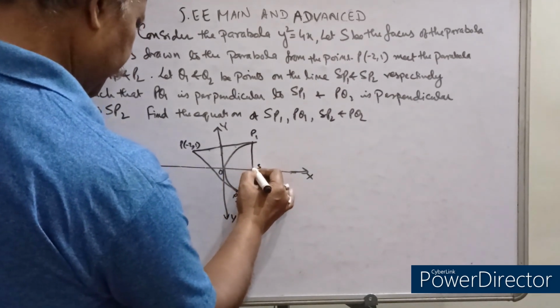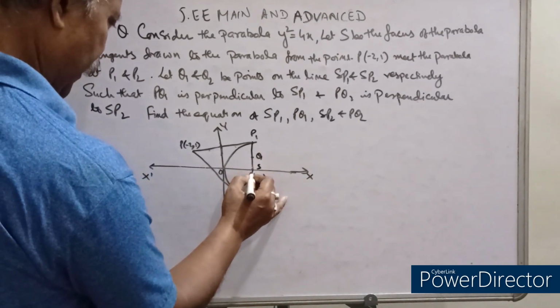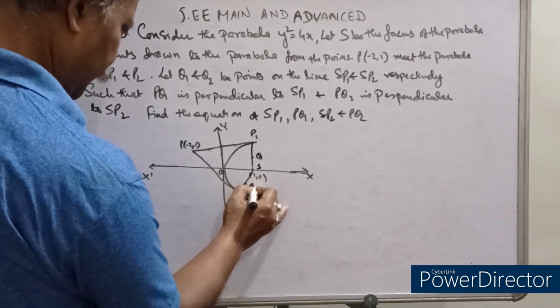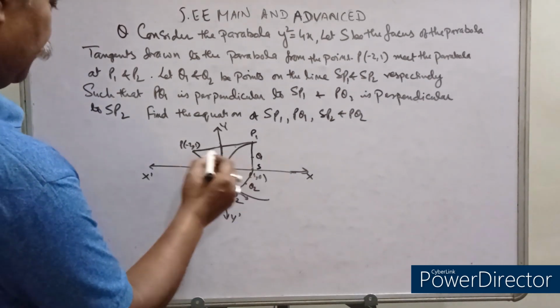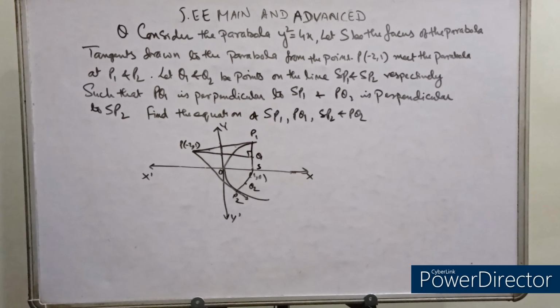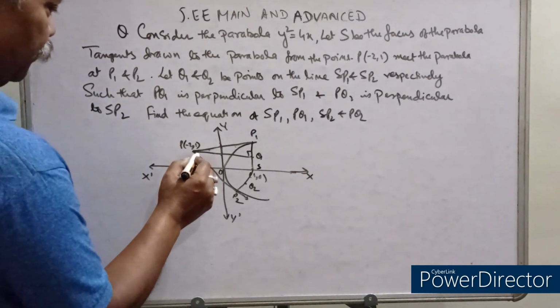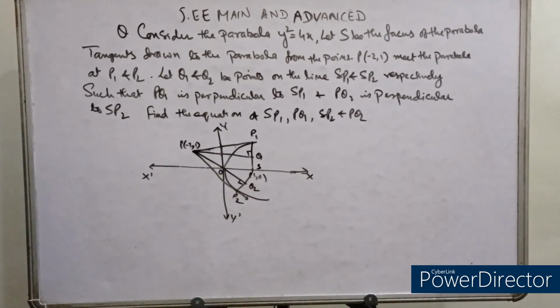This is SP1, and here this is point Q1, and now SP2, here this is point Q2, respectively, such that PQ1 is perpendicular to SP1 and PQ2 is perpendicular to SP2. Now you have to find the equations of SP1, PQ1, SP2 and PQ2.